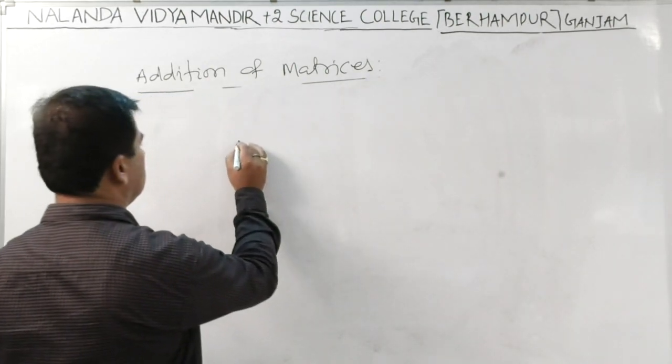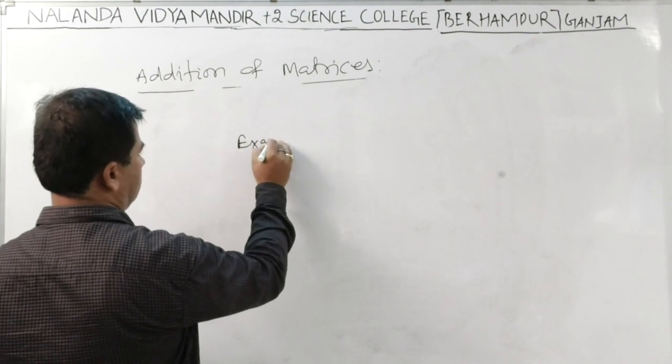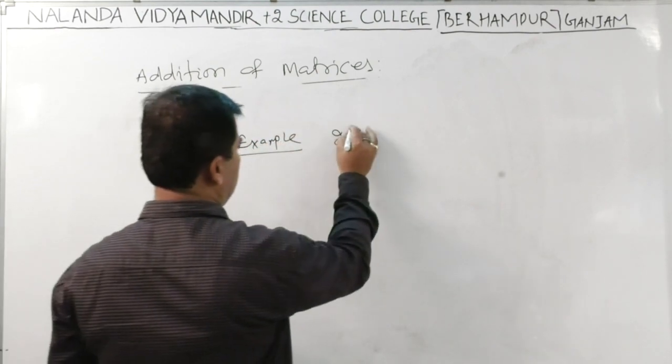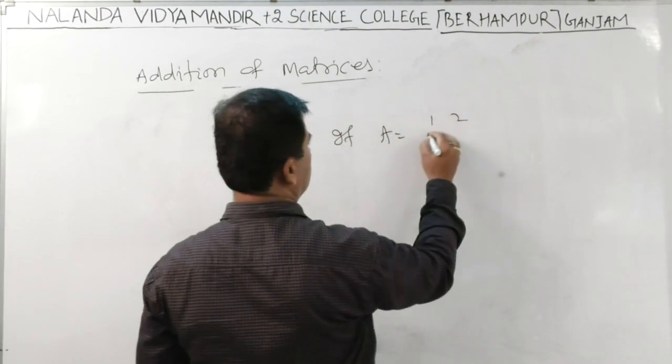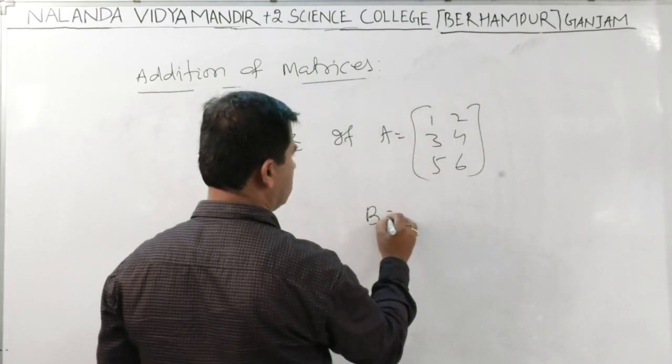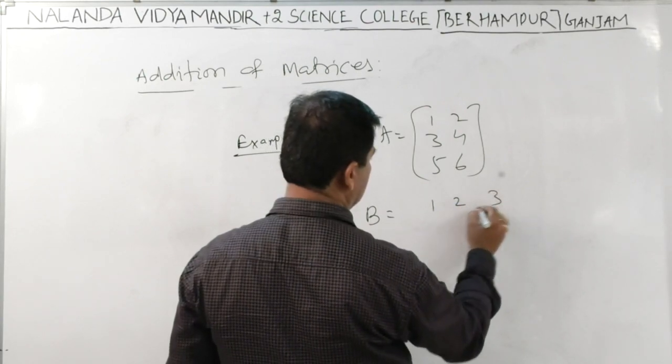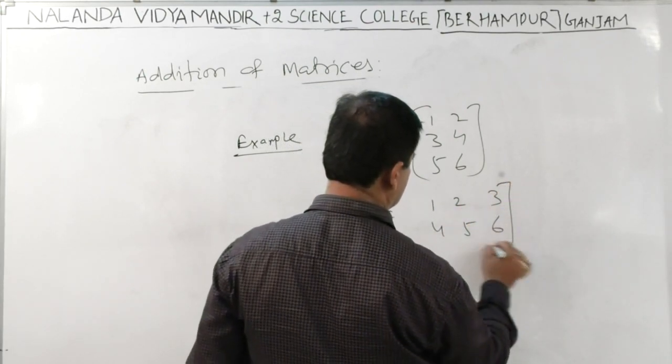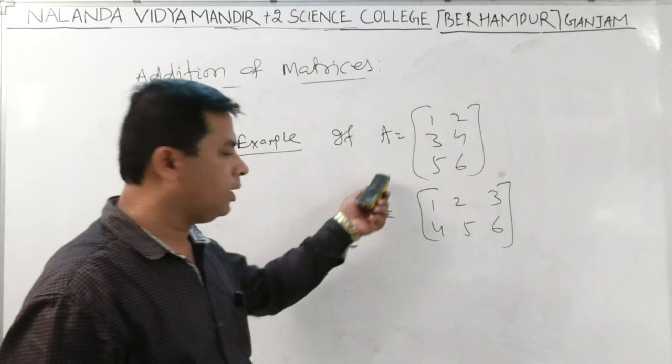Another example. If A is equal to 1 2 3 4 5 6 and another matrix B is 1 2 3 4 5 6, can you add the two matrices A and B?